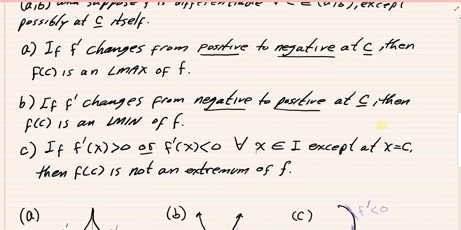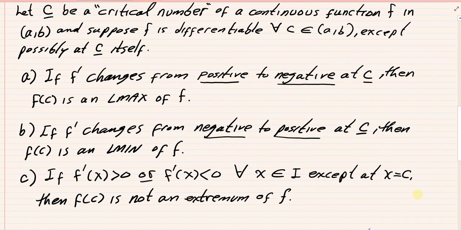Now, if the derivative is always positive or always negative, then f at c is not an extremum. So there's no extremum. Remember, extrema is the plural word. The singular word would be extremum.